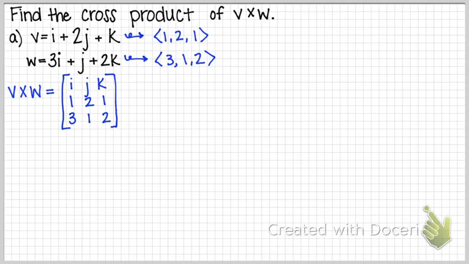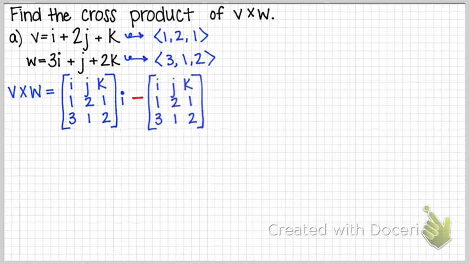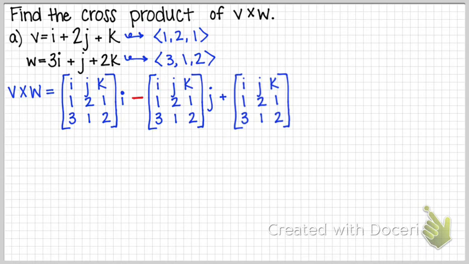Okay, so we got an I there. Remember, in front of the J, we need to subtract. I always put that in red so that I remember. And then we have that same matrix with a J on it, plus that same matrix with a K on it.